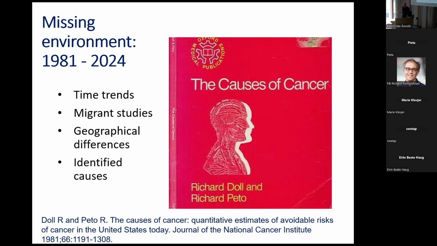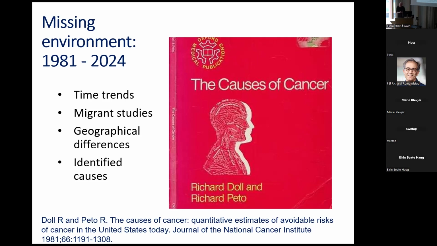Geographical differences are largely unexplained by germline genetics, and geographical differences can be quite well indexed, even in 1981, by places where you had very good cancer registries, for example, and you had places with low and higher levels.